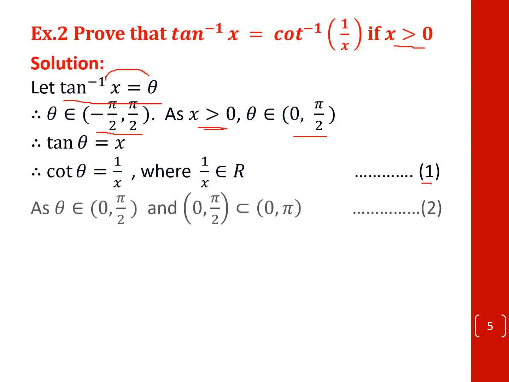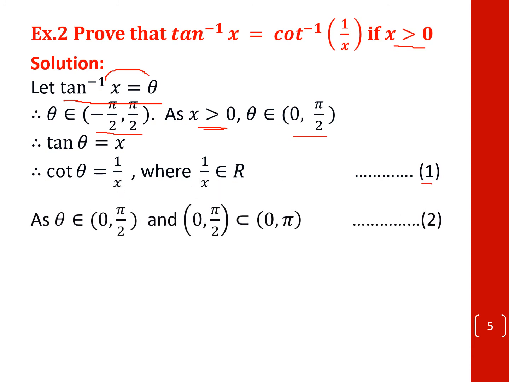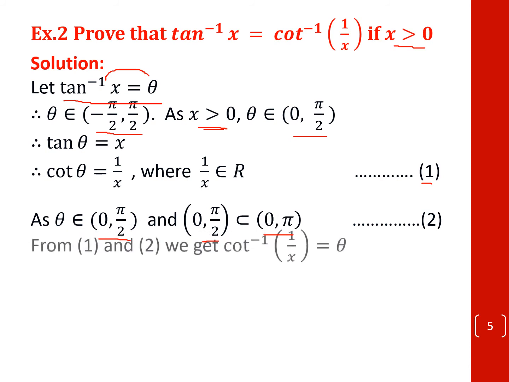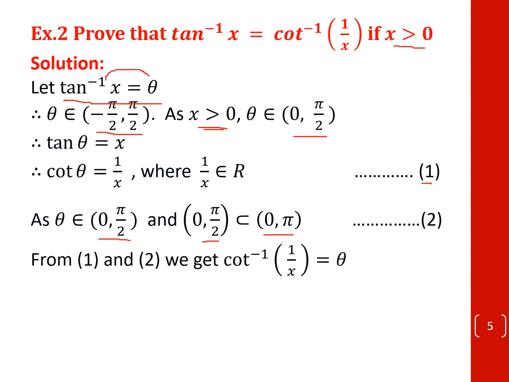As θ belongs to the open interval (0, π/2), and (0, π/2) is included in the open interval (0, π). Call it equation 2. See student, this 0 to π is the principal value branch of cot inverse.